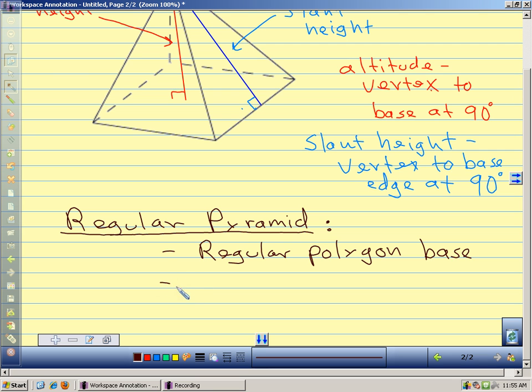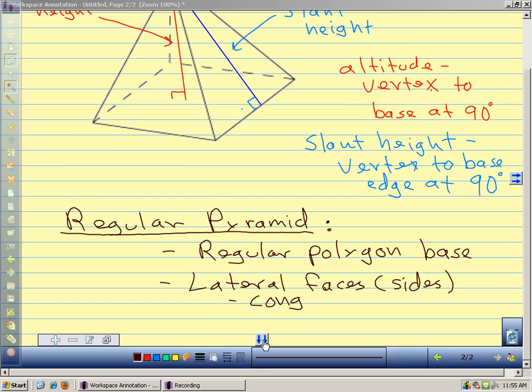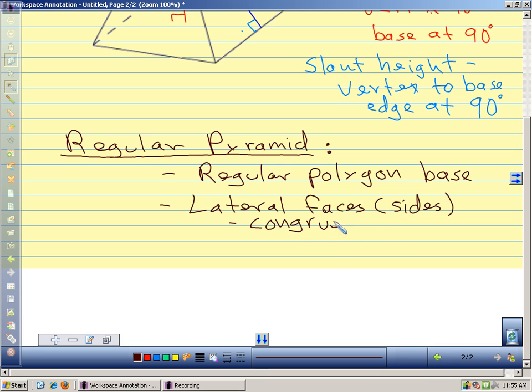And the lateral faces, or we can call them the sides, are congruent isosceles triangles.